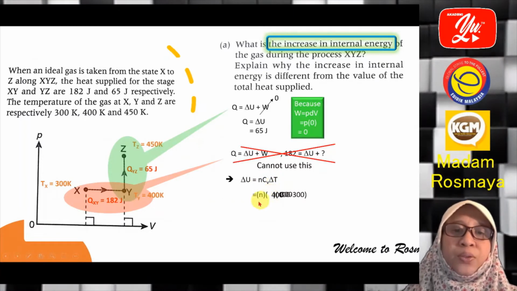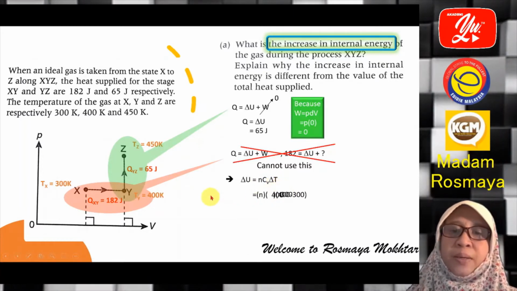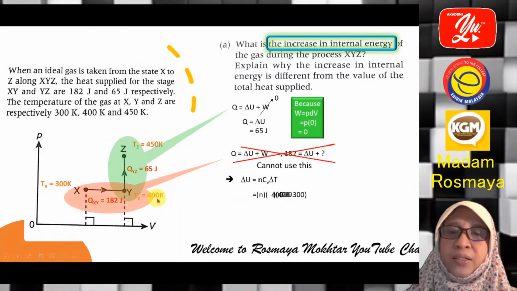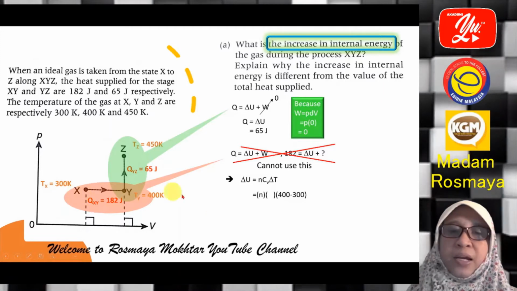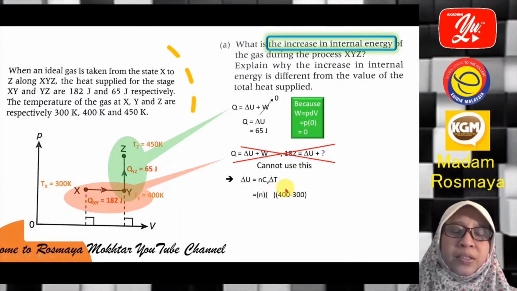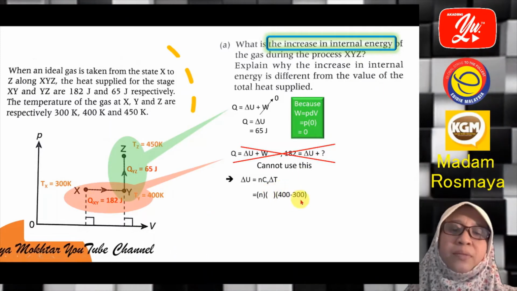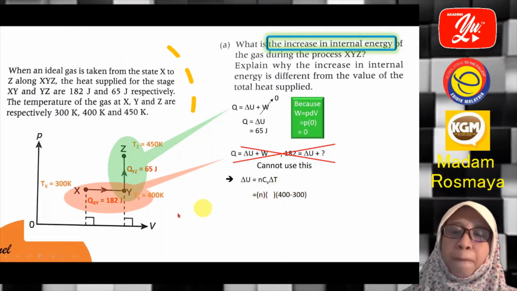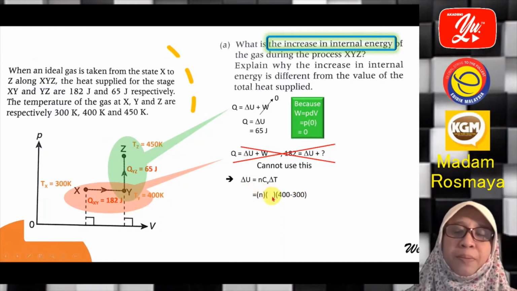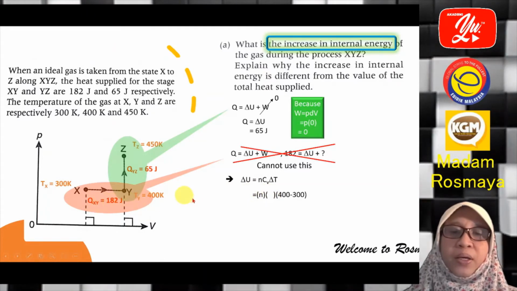So we substitute the change in temperature. Final is Y at 400, X is 300. So the change in temperature is 400 minus 300. The problem is the Cv, the molar heat capacity at constant volume.